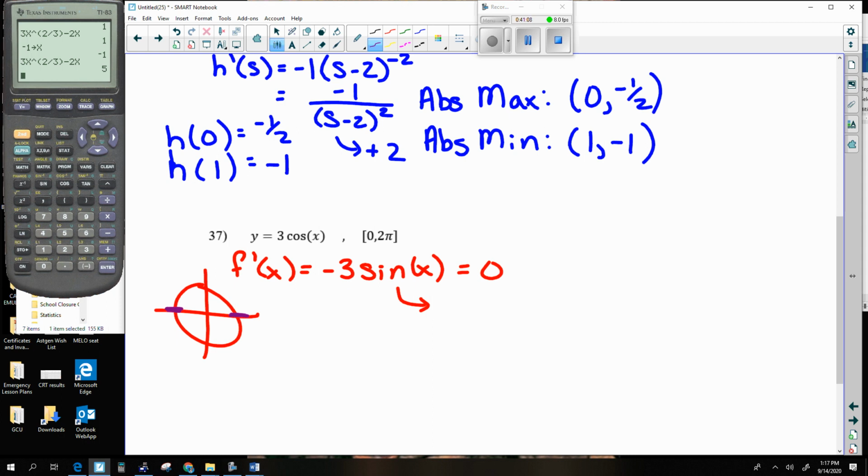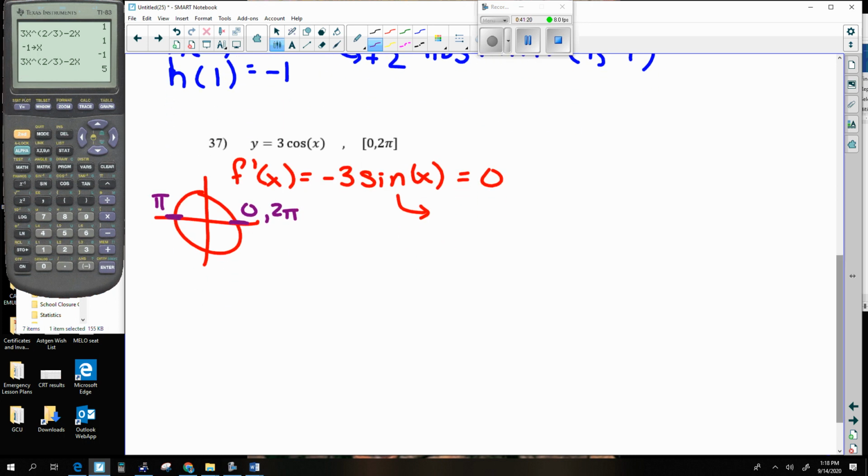And so it'd be 0 at 0, pi, and 2 pi. 0, pi and 2 pi is where sine is equal to 0. And so those are our candidates as well as our endpoints. So this would be f of 0, f of pi, and f of 2 pi.